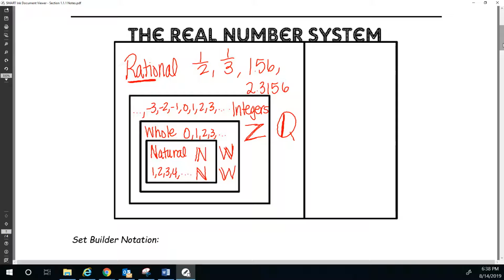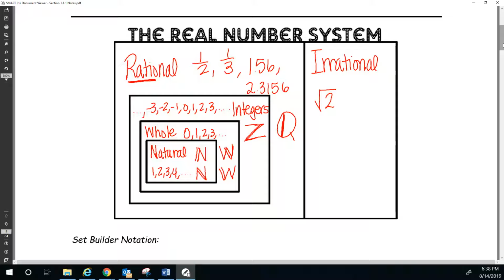The other piece is called, what's the opposite of rational? You learned about them last year. They're called irrational numbers. What's an example of an irrational number? An irrational number is something like the square root of 2. This number is 1.4 and goes on.